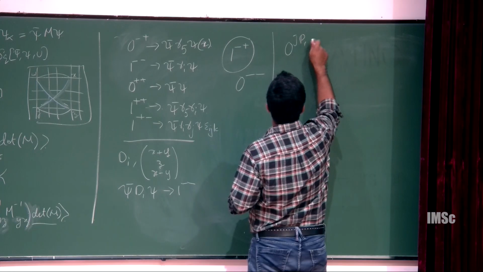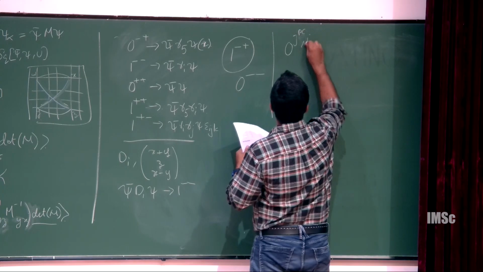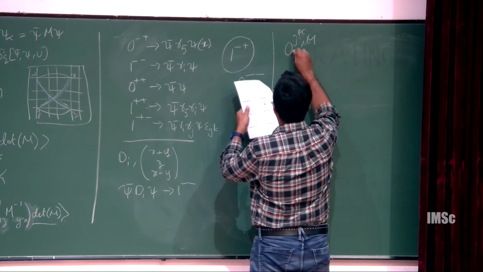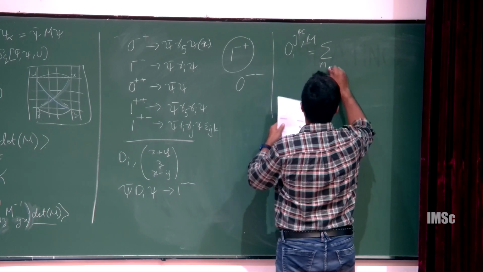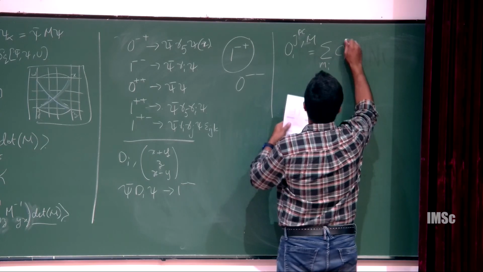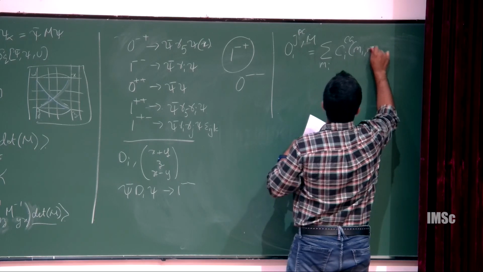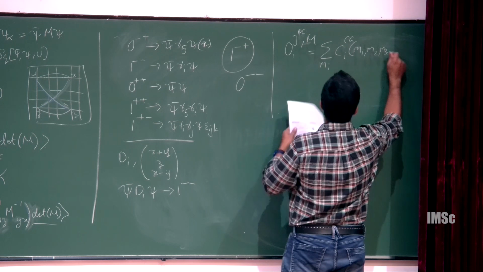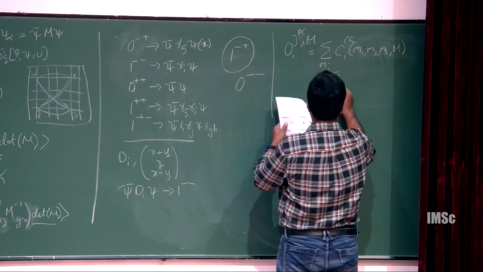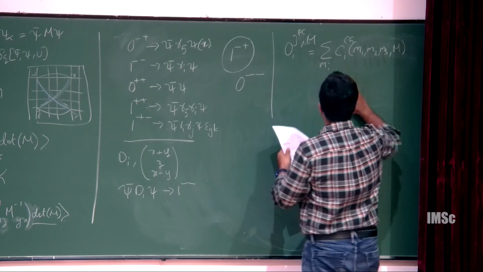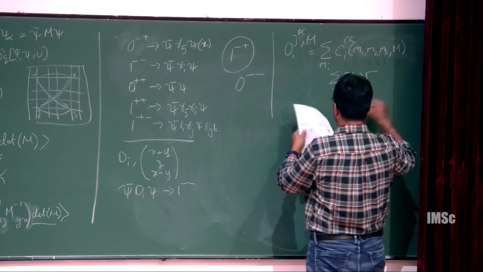So if you are interested in J^PC, these are basically Clebsch-Gordan coefficients with M1, M2, M3, capital M. I can just use psi bar of X, some gamma structure.